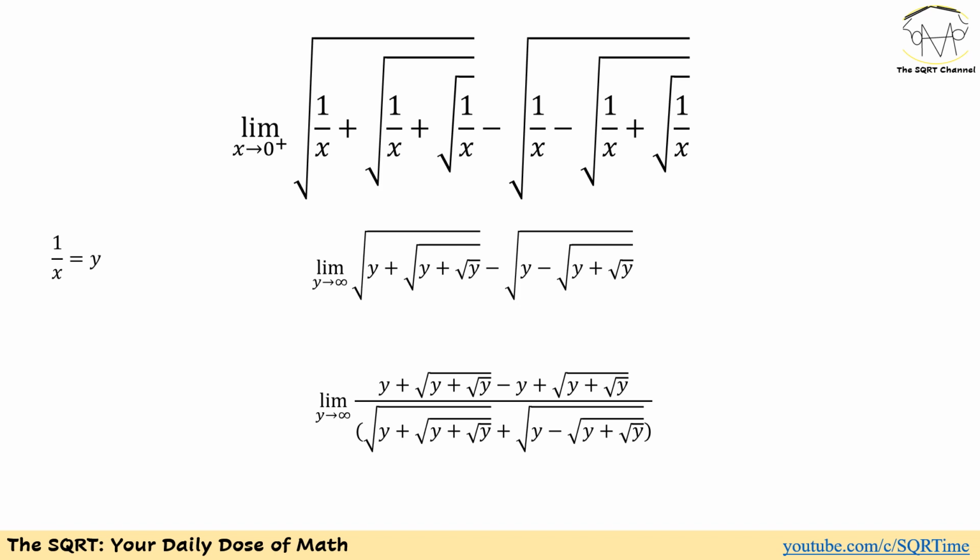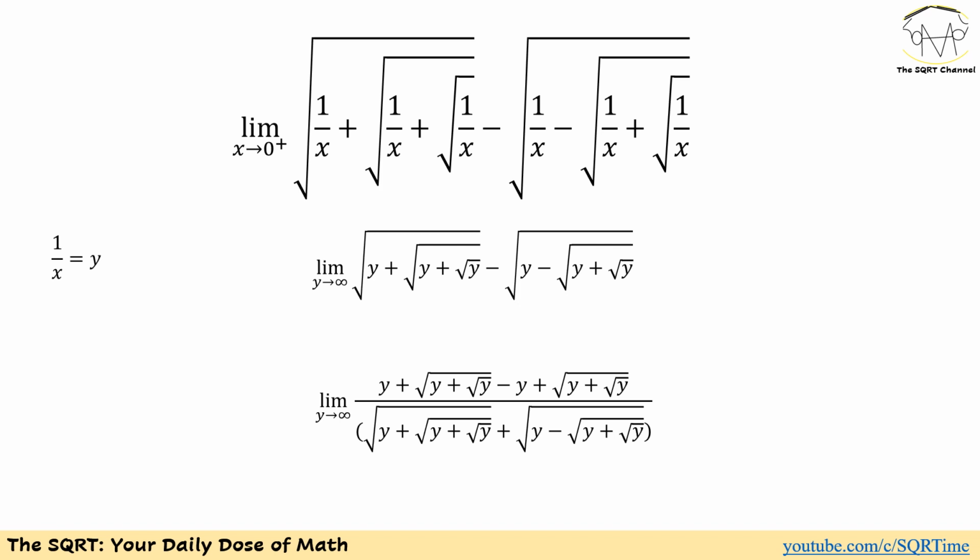If we do this, then the whole expression can be simplified as, for the numerator, we will have y plus radical y plus radical y minus, we just need to remove the radical from the second expression, y plus radical y plus radical y.